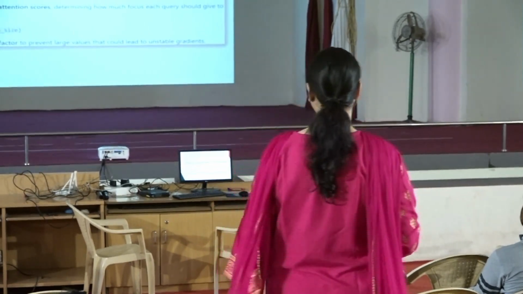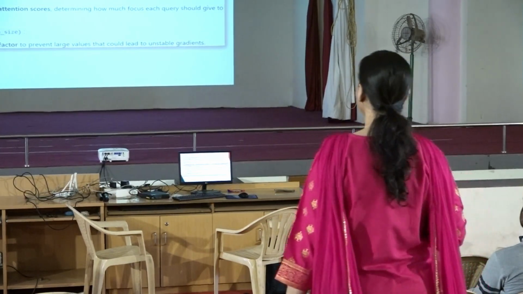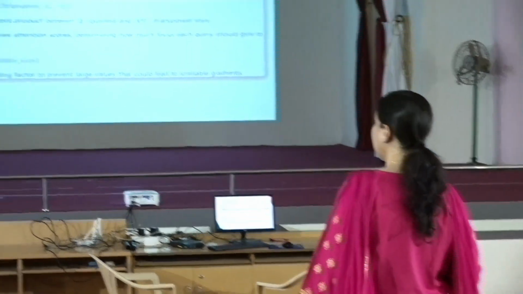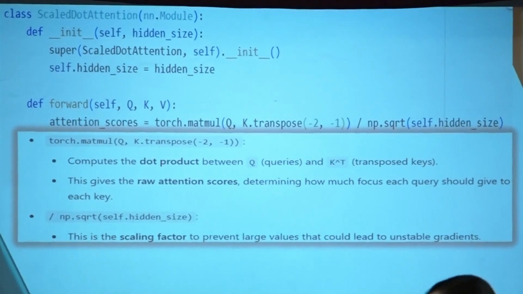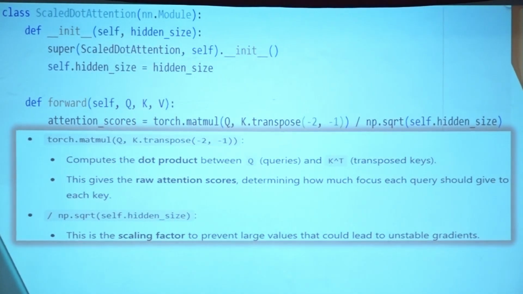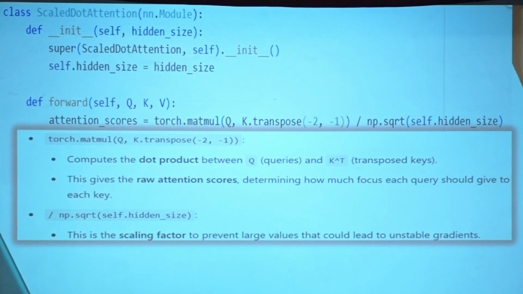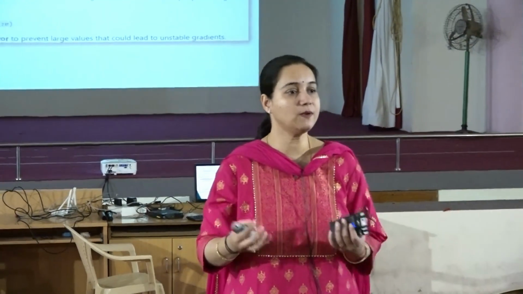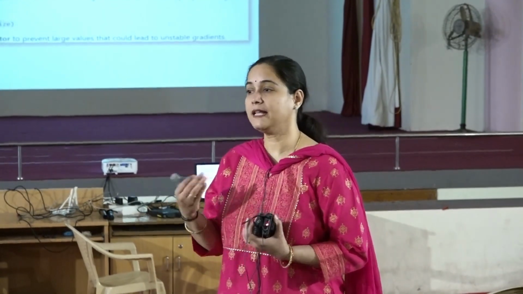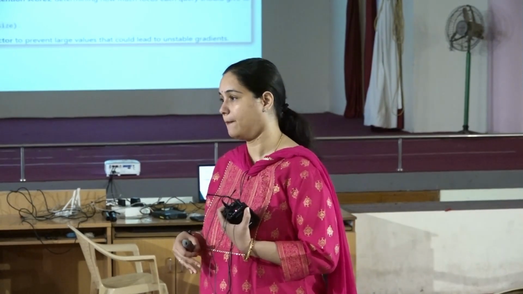Now this particular thing, if you don't scale it, it will give you only raw attention scores, which will be like rough logits. It gives you a large amount of values, which will be difficult to process. That's why you have to go for scaling compulsorily.